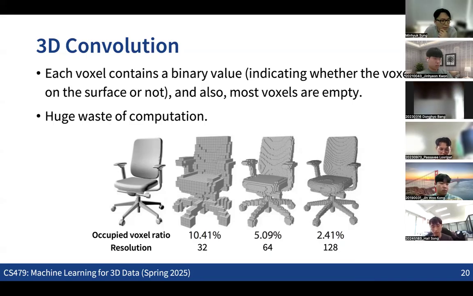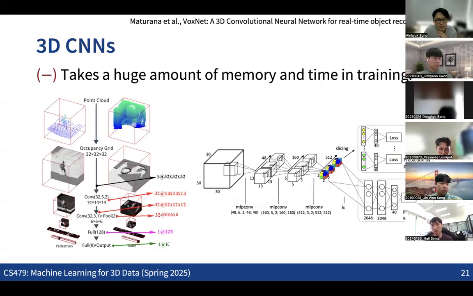That's the typical issue when you directly extend the deep learning techniques that we apply to 1D and 2D data into 3D data. So voxels may not be a very efficient way to handle 3D information, especially when including only the surface information.